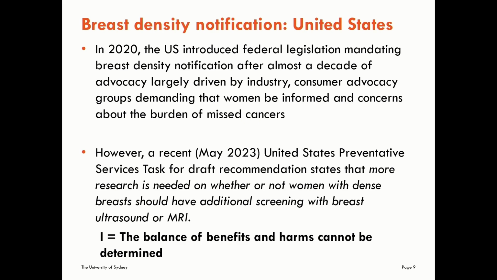In 2020, the United States introduced federal legislation mandating breast density notification after almost a decade of advocacy. And this advocacy was really driven by industry and consumer advocacy groups demanding the right for women to be informed, and concern about the burden of missed cancers.